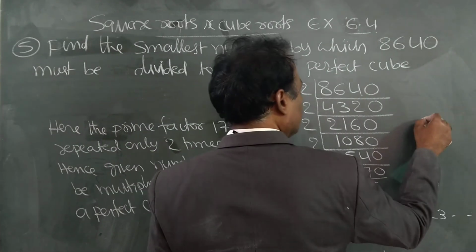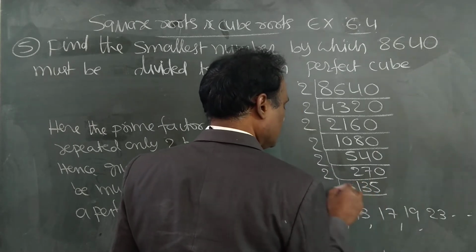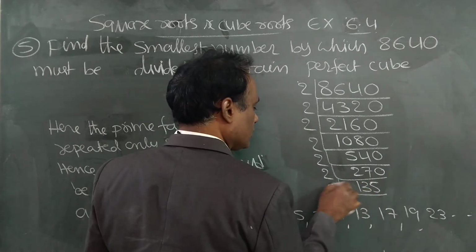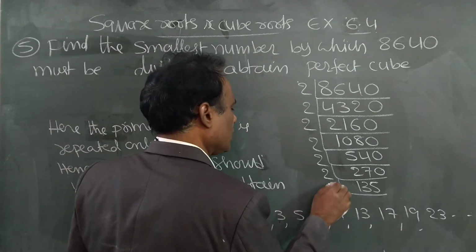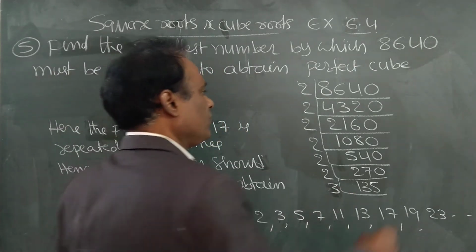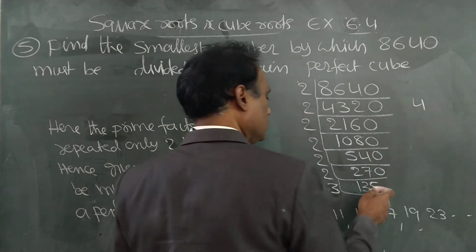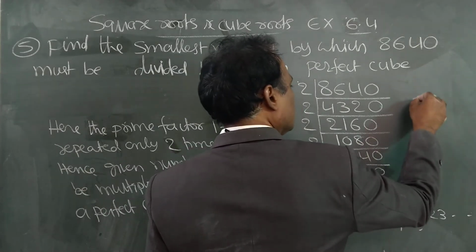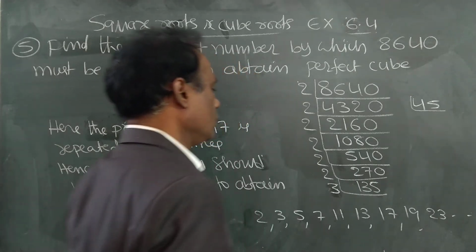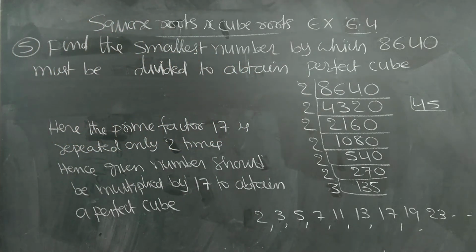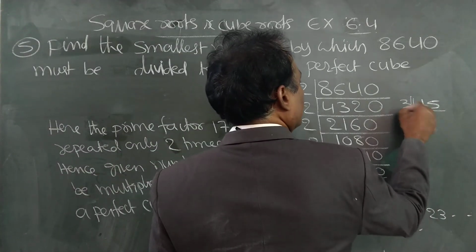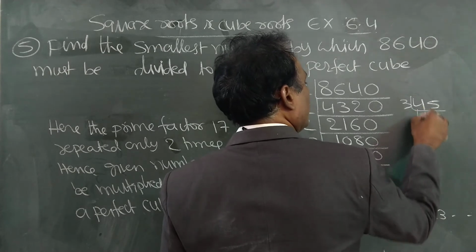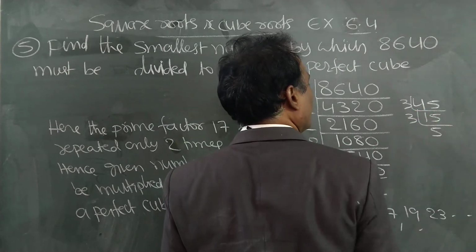With 3, with 5, 3 also divisible. You can divide by 3 also. 3 4s are 12, 3 5s are 15. 3 15s are 45.